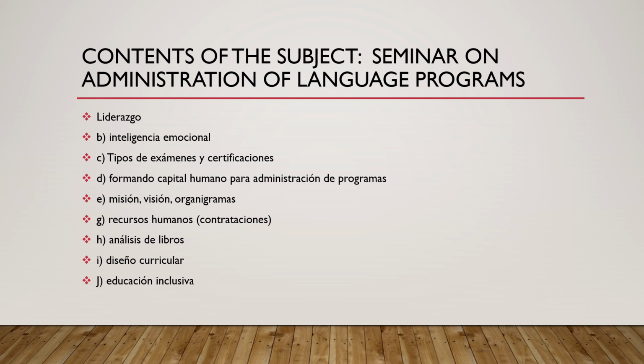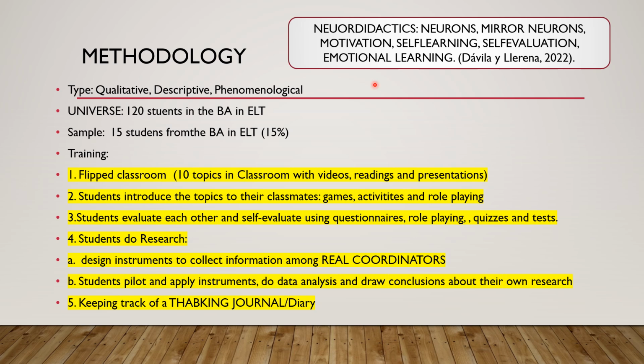All these topics were placed in a platform for them to have a flipped classroom. They had readings, videos, and some activities before they had the classes. They had access to the classes, and they had 10 topics in the classroom, with video, readings, and presentations.